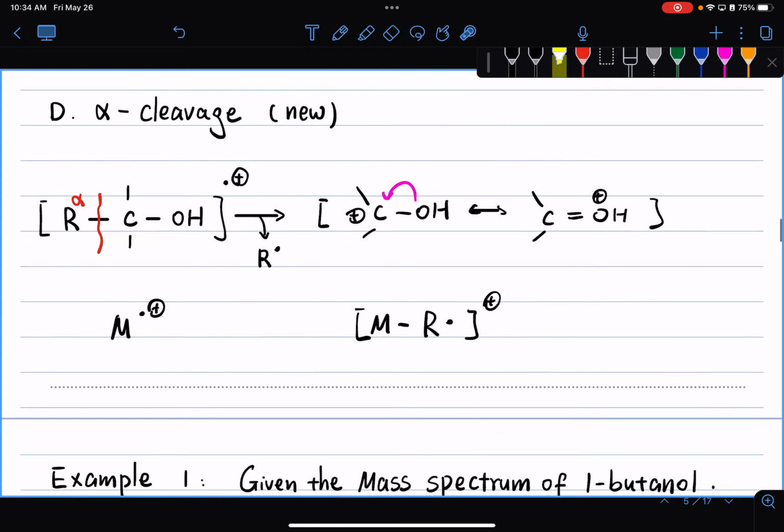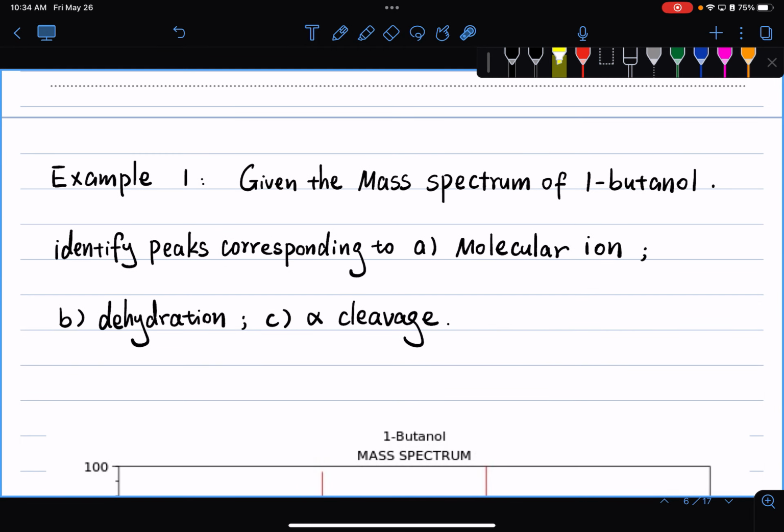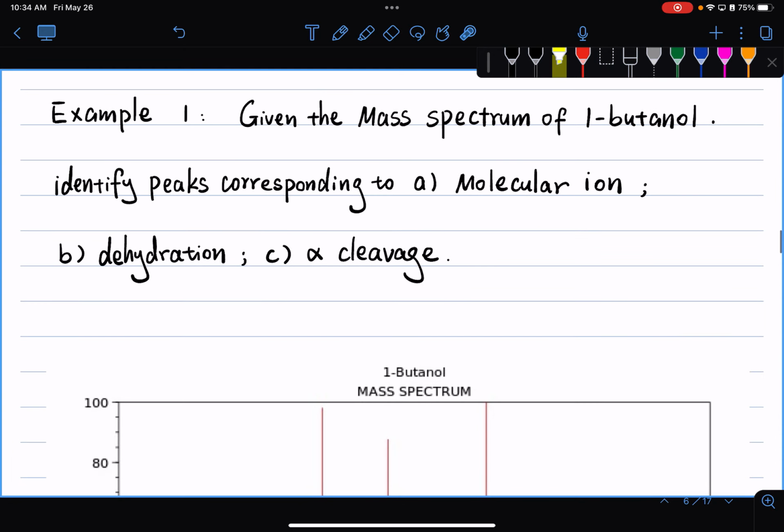Okay, so let's do some problems together and see if we got more questions. I prepared 3 simple problems with you, and these demonstrate different kinds of problems you can expect when working on mass spectroscopy problems. The first type of question is I give you the mass spectrum, and I tell you it's 1-butanol.